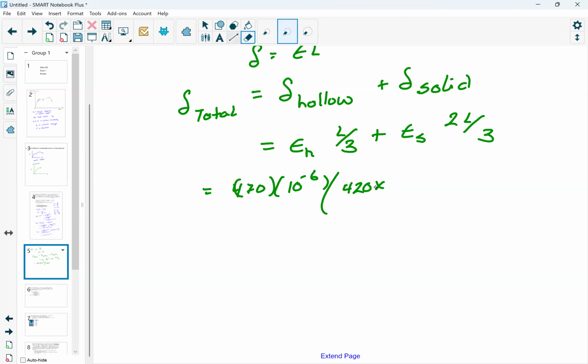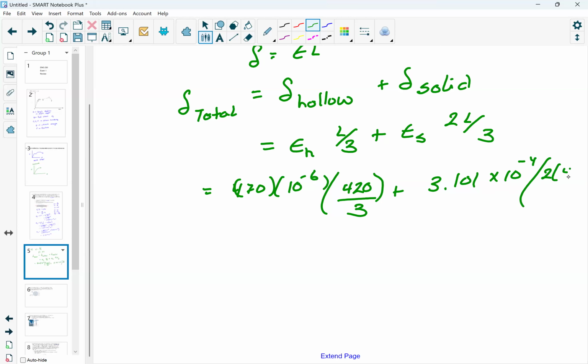Okay, we'll leave it in terms of millimeters. 420 divided by 3 plus, and then the other one we got was 3.101 times 10 to the negative 4, 2 times 420 divided by 3. All right, and you plug that in a calculator, and I'm thinking you should get something about 0.1526 millimeters.